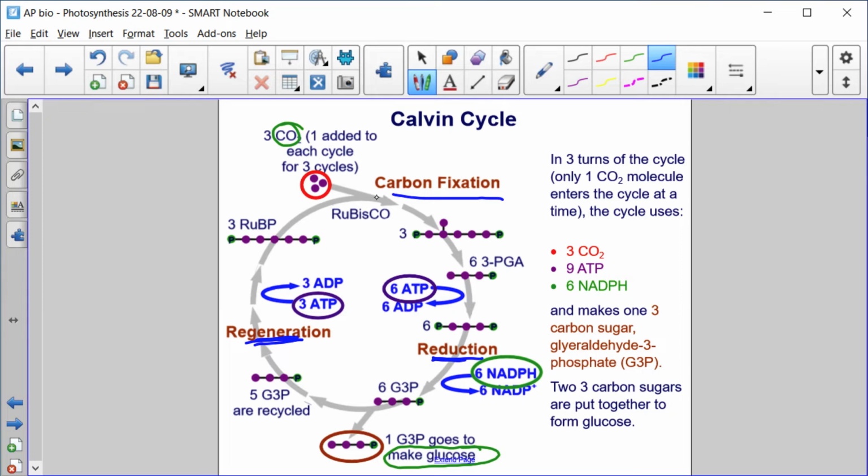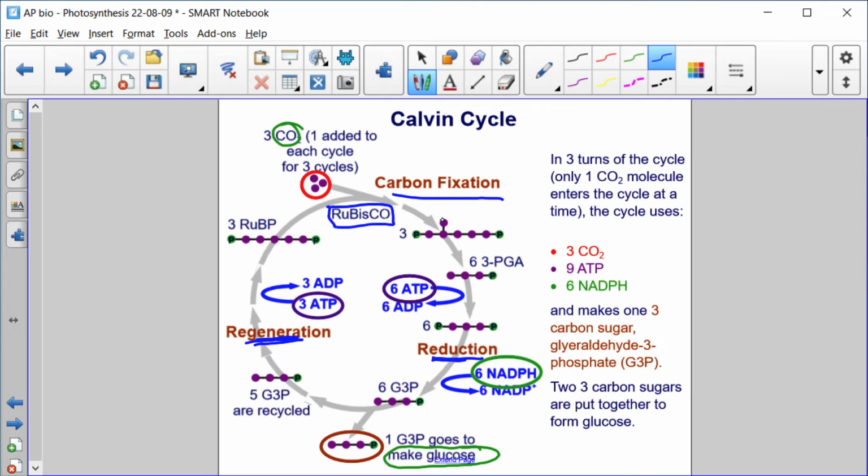How are we capturing the carbon dioxide? Well, we're attaching it to this RuBP molecule, which is a 5-carbon molecule. And we use the enzyme Rubisco to do it. So you see we have this 5 carbon molecule. It interacts at this enzyme to capture a CO2, which is a 1 carbon molecule, right?